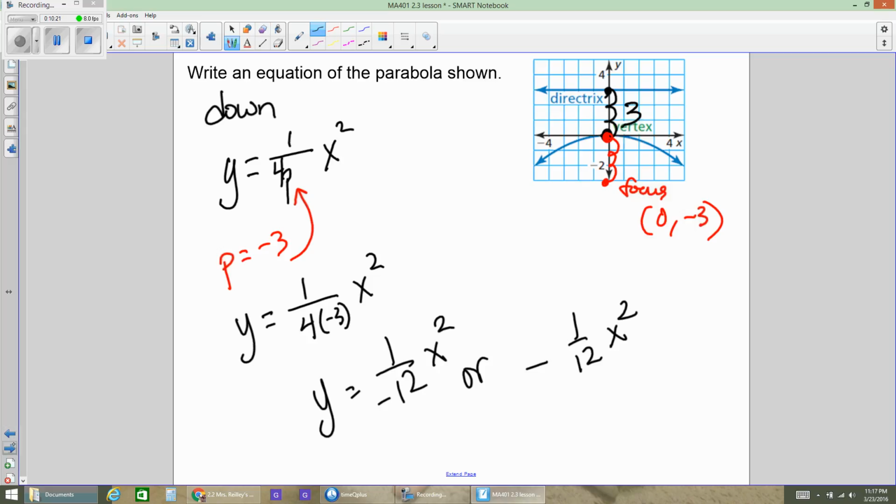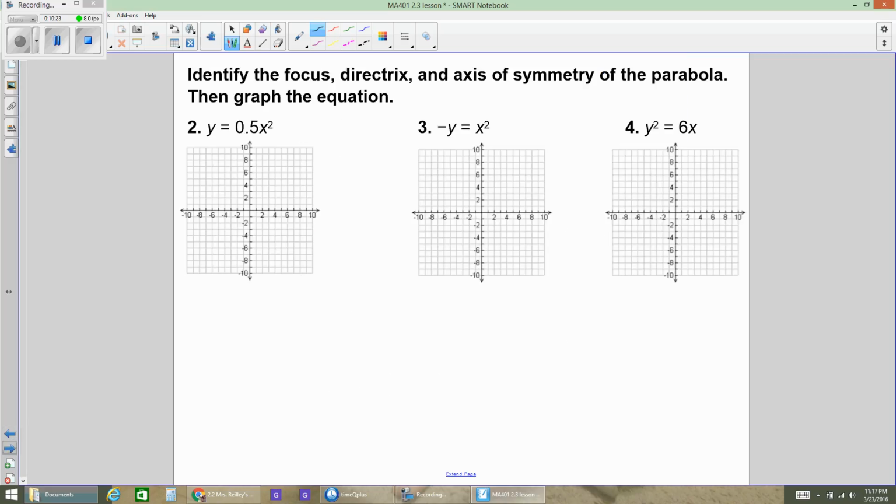Okay, let's try some more. It says identify the focus, directrix, axis of symmetry, graph it. All right, number 2, y equals 0.5x squared. So you're thinking it's an x squared, which means it's up or down. And it's 0.5, which is positive, so we're going up.